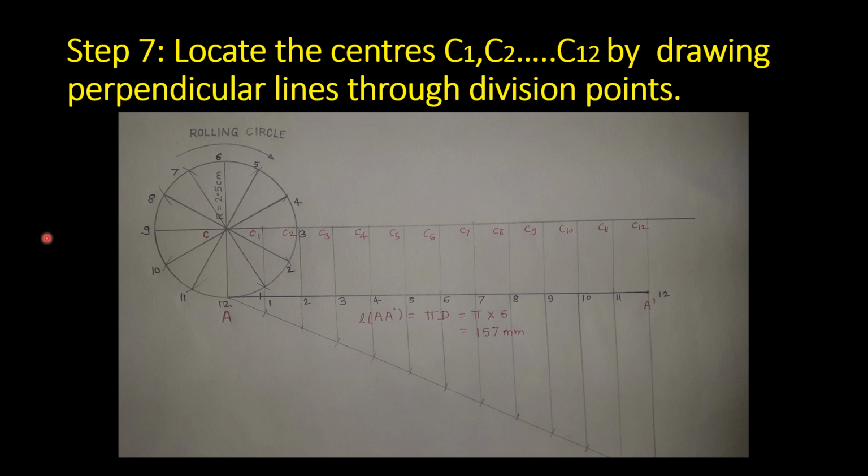Step 7. Locate the centers C1, C2 up to C12 by drawing perpendicular lines through division points. So here A dash is divided into 12 equal parts, and from those points C1, C2, C3 up to C12 are marked.